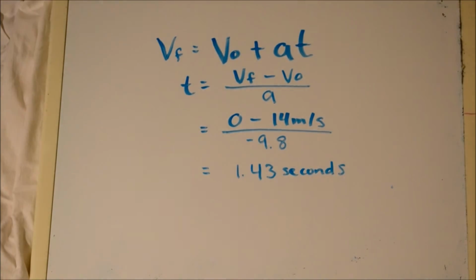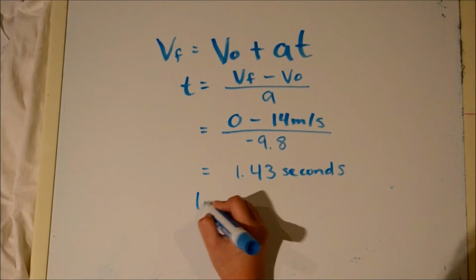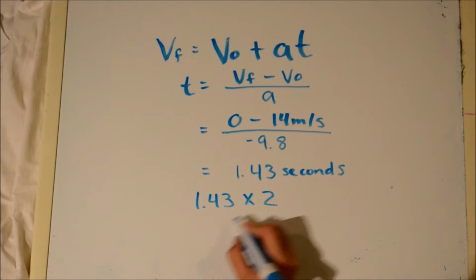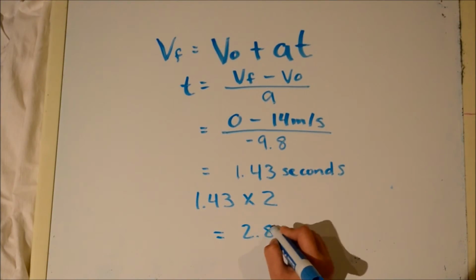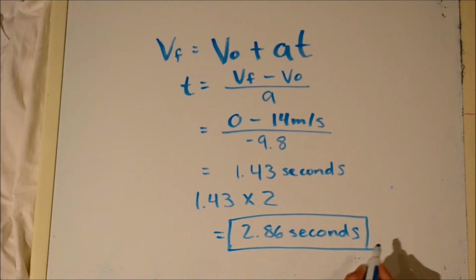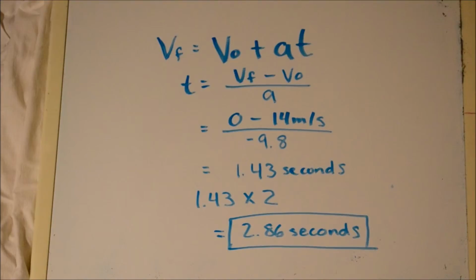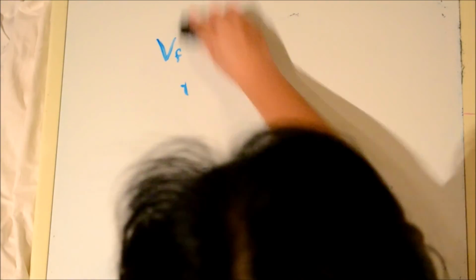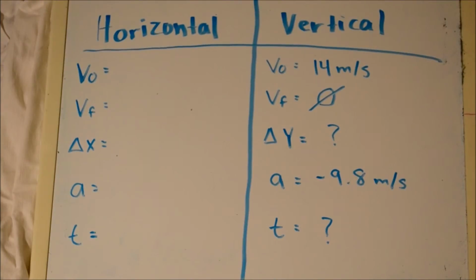But remember, this is only half of our whole projectile, so we're going to multiply it by 2 and we get 2.86 seconds. And like before, time being the only variable we can intermix between the horizontal and vertical variables, we can place this time on the horizontal table.